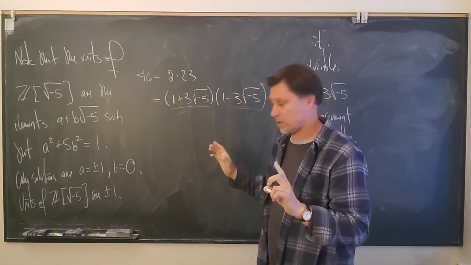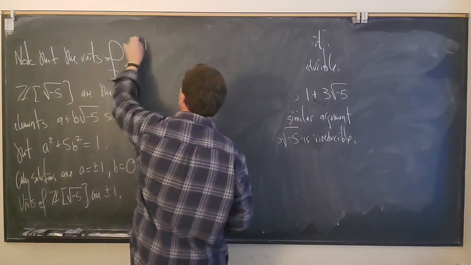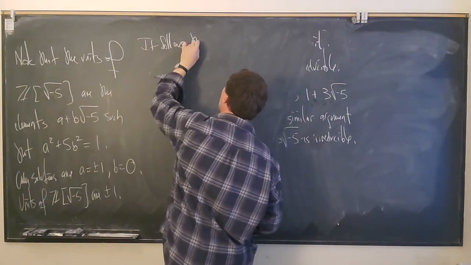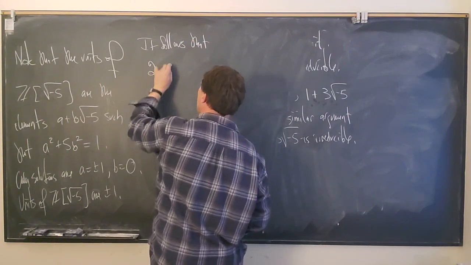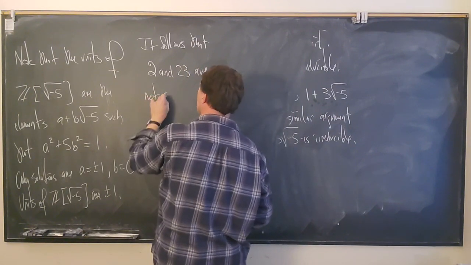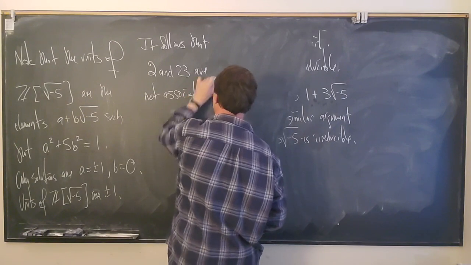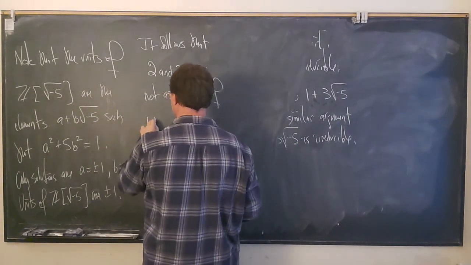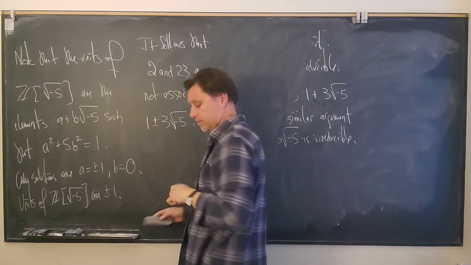So they're not associates. So it follows that 2 and 23 are not associates of 1 plus or minus 3 square root minus 5.